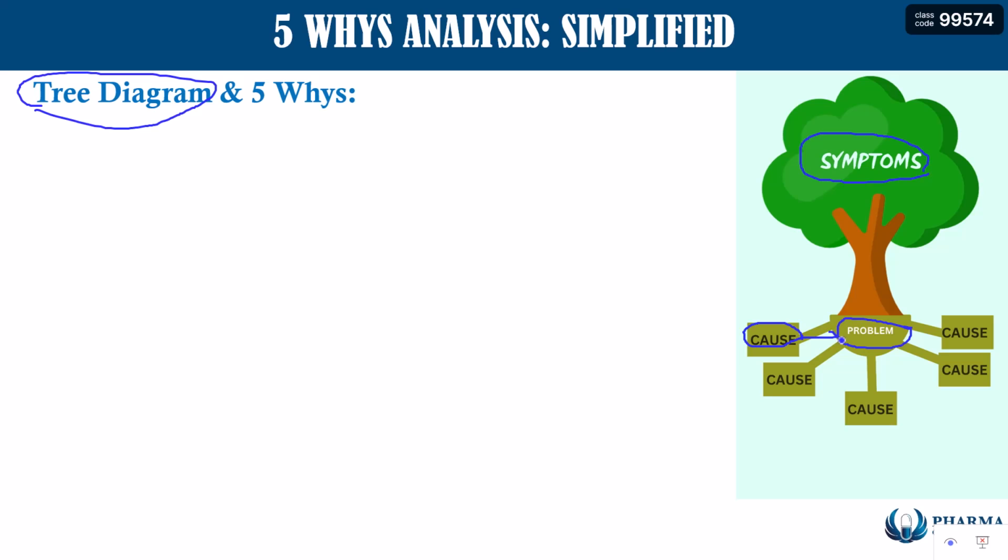That indicates that your problem may sometimes have multiple causes. It is not that your problem is going to have only one cause. So this is the diagram that helps to understand the relationship between a given problem, its symptoms and the different causes, like the roots of the tree.